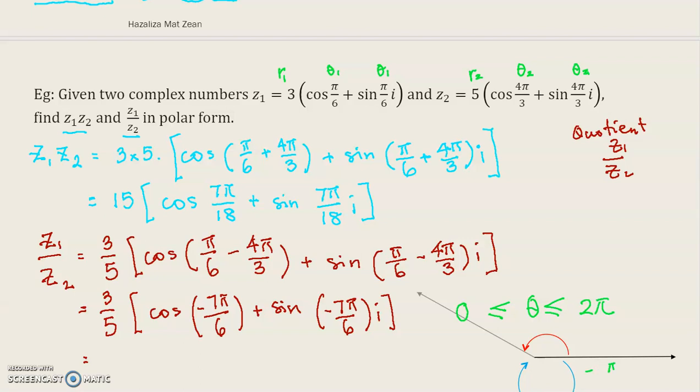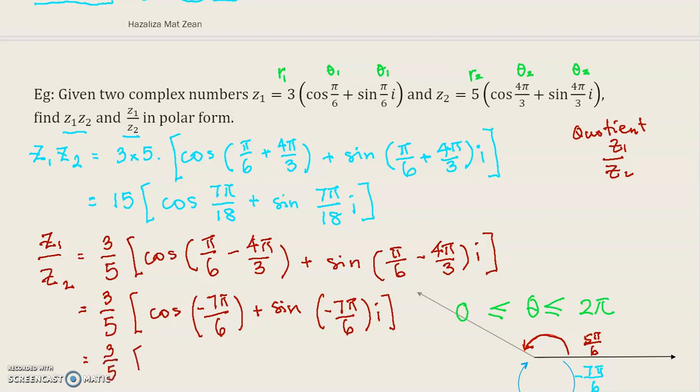When you check your theta, you get negative 7 pi over 6. But you don't want that; instead, you're going to write it as a positive angle. So the positive angle would be 5 pi over 6. You're going to use this angle and not the negative angle, so you modify that.